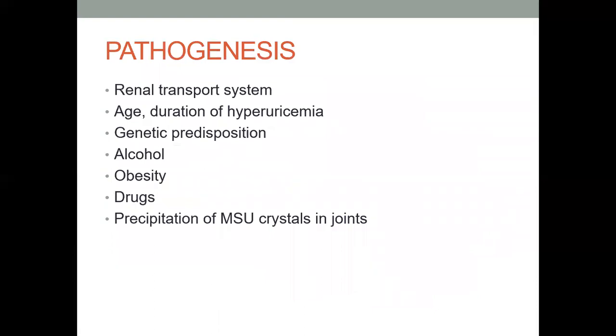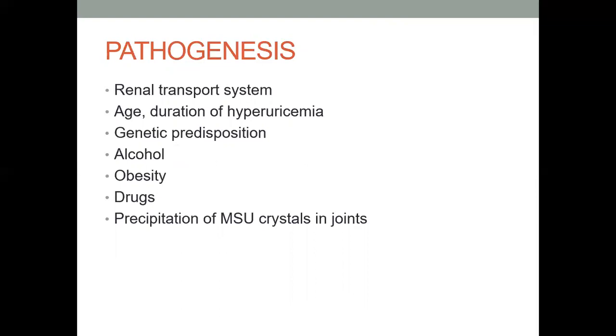So, pathogenesis of gout. Hyperuricemia can result either from overproduction or reduced excretion of uric acid. And there is a disturbed renal transport system.